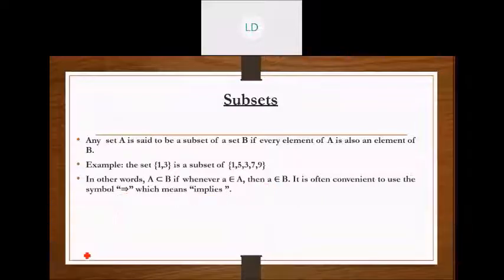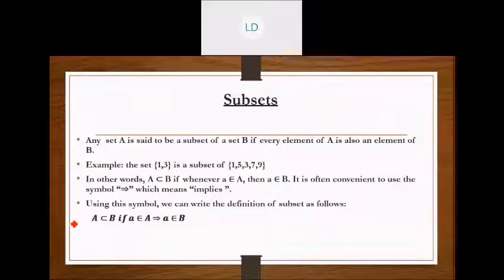Using this symbol we can write: A is a subset of B if any element a belongs to the smaller set A implies a belongs to the bigger set B. This is the definition. We are writing it in three different ways: first the abstract definition, next the subset symbol, and next the implies symbol.